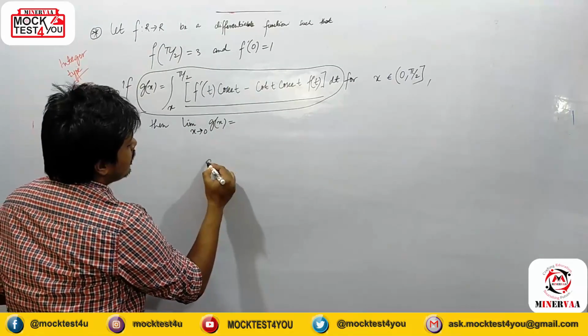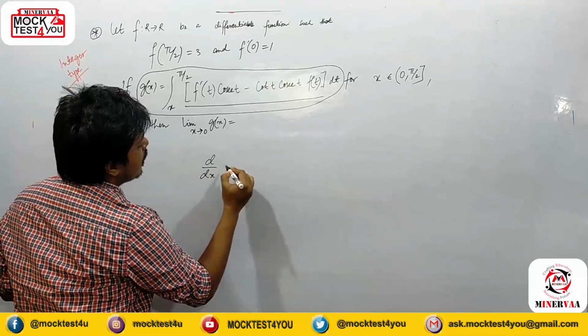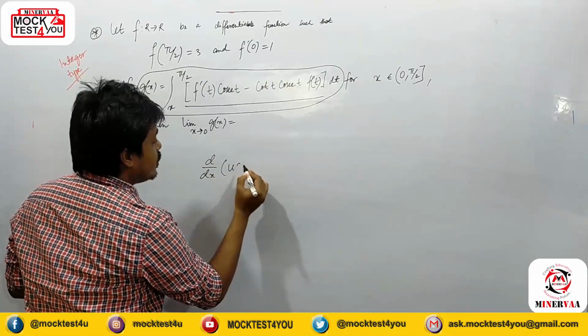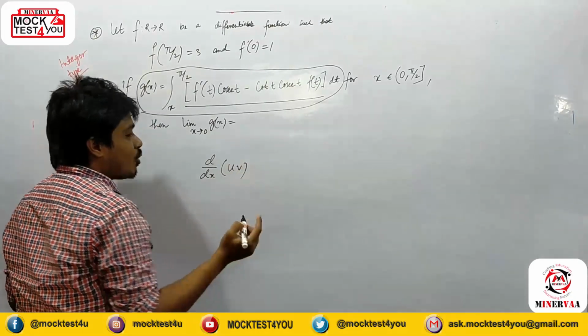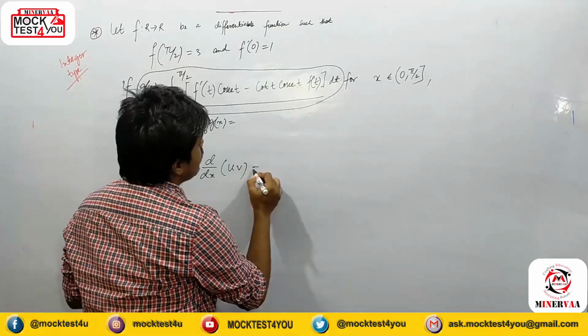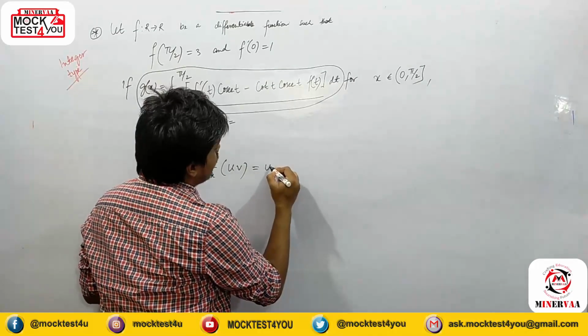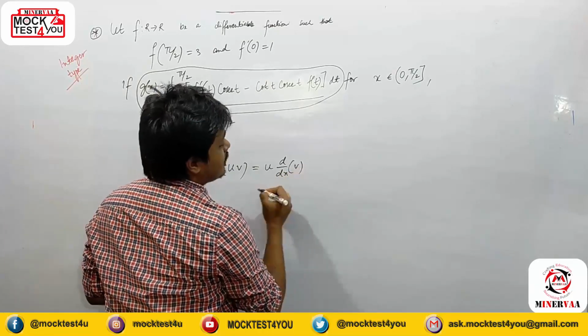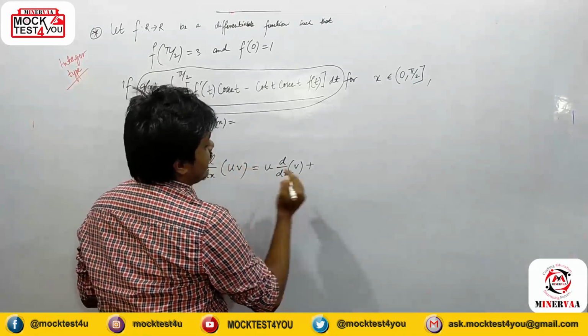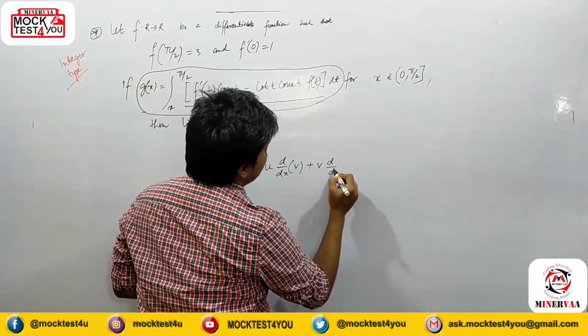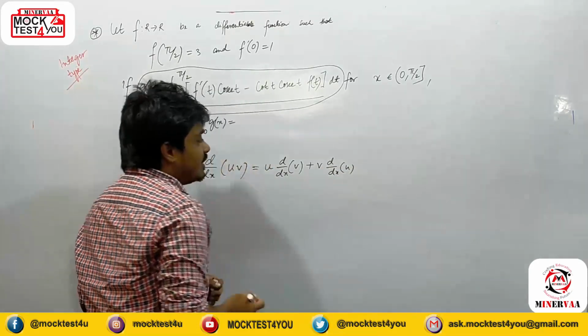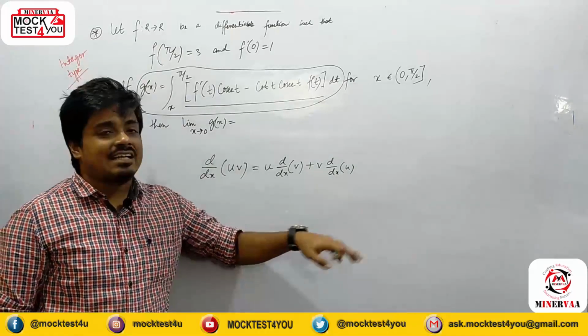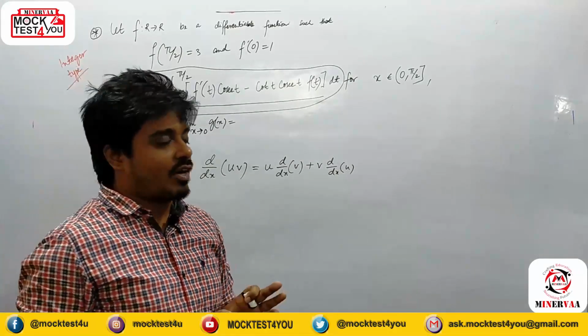Differentiation of uv, what was that? Product rule. What was the product rule? First take out u, d/dx of v, then plus v taken out, d/dx of u. This was the product rule which we studied in class 11 in limits and derivatives.